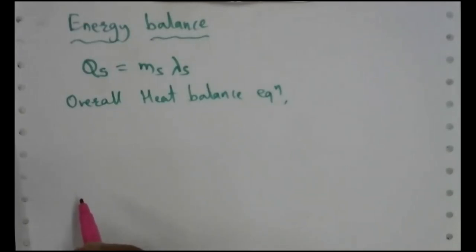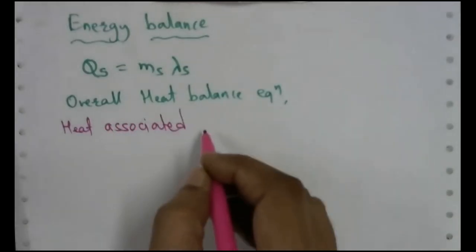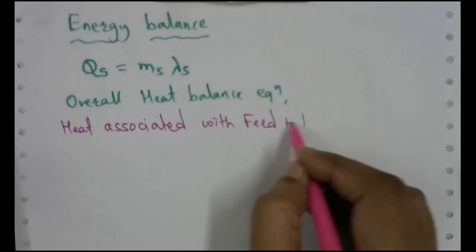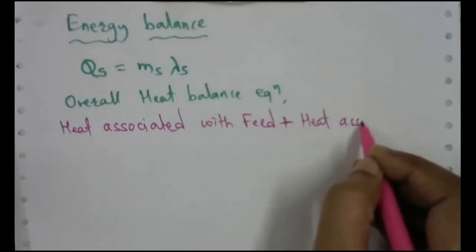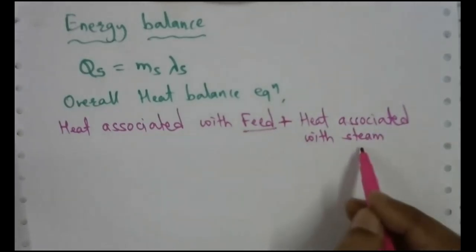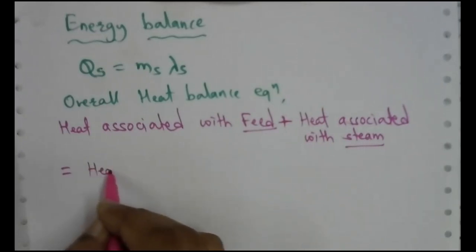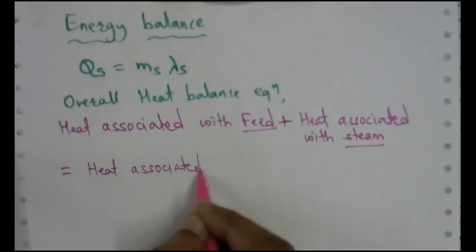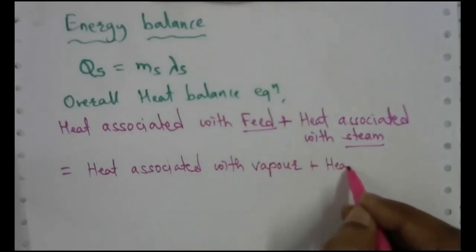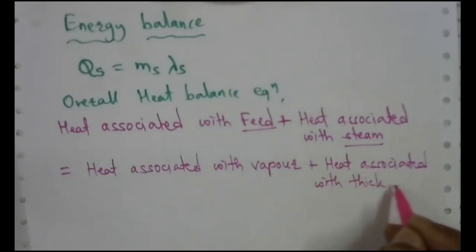So I am writing the heat balance equation over the evaporator as heat associated with feed plus heat associated with steam, because this feed and steam are the inputs, is equal to the heat associated with vapor plus heat associated with thick liquor.